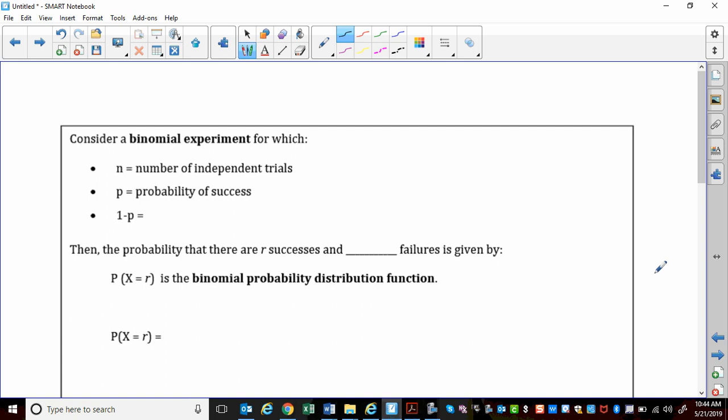It says, consider a binomial experiment for which n is the number of independent trials. P is the probability of success. Then 1 minus P, the probability of failure.